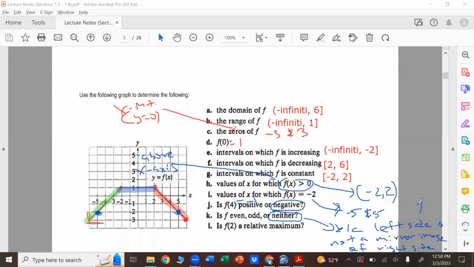And when I say left side, I mean left side of the y-axis, and right side of the y-axis.